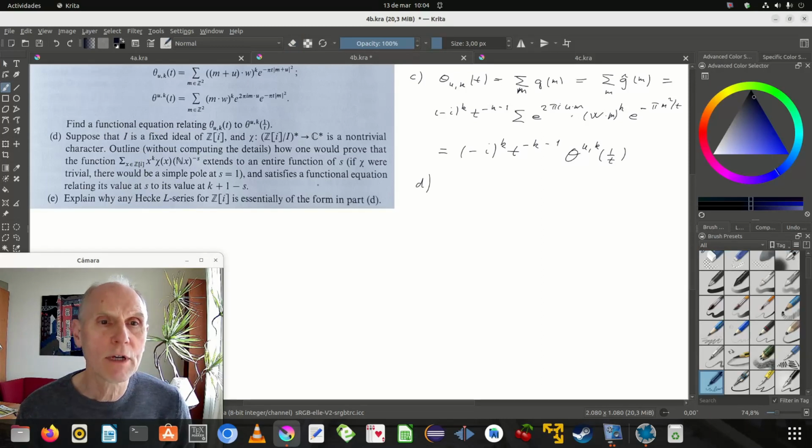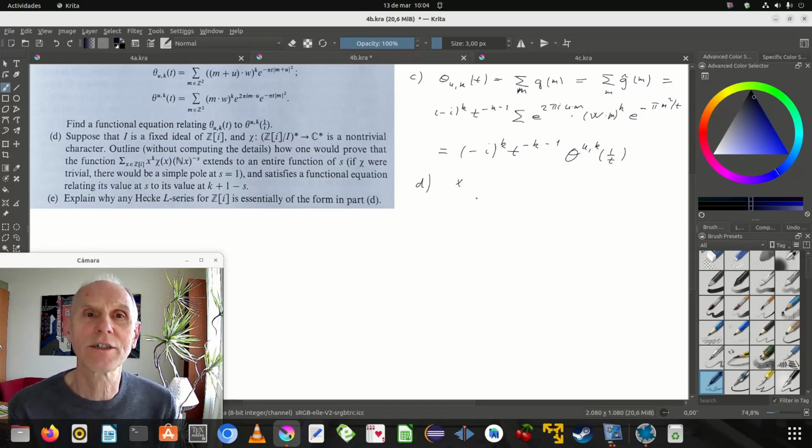So we have a character chi, and we must do the usual trick, so we must know the conductor of chi. I did prove that a character on the rational integers has a conductor.